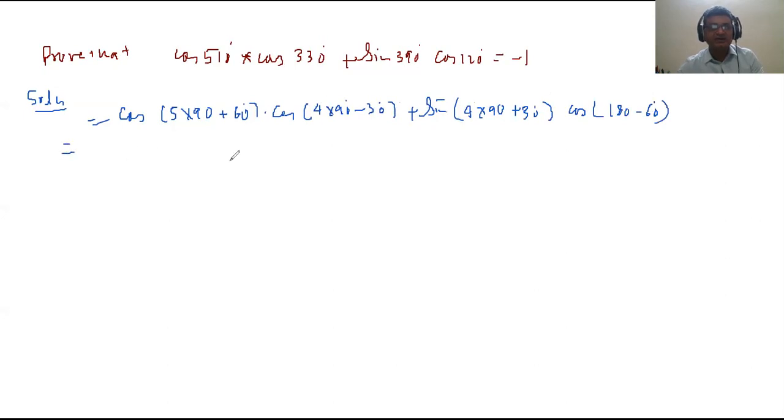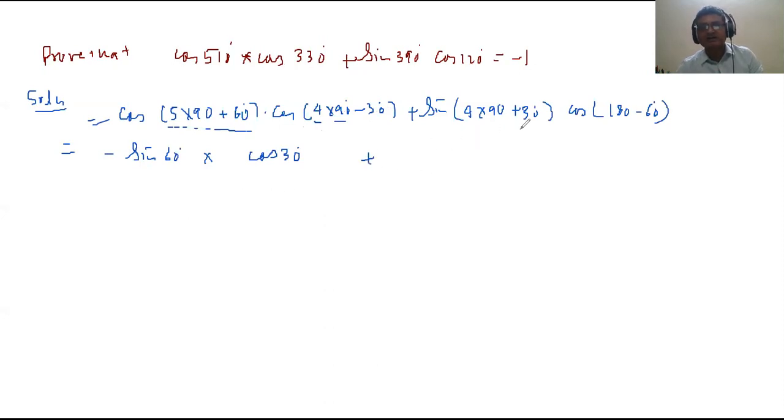This angle is going to be in the second quadrant. It is 5 into 90 plus 60. In the case of the second quadrant, cos is negative, so this is going to be sine 60 with a negative sign, into this one which is going to be in the fourth quadrant. In the fourth quadrant, cos is positive, and it is an even multiple of 90 degrees, so cos will remain cos 30, with a plus sign.